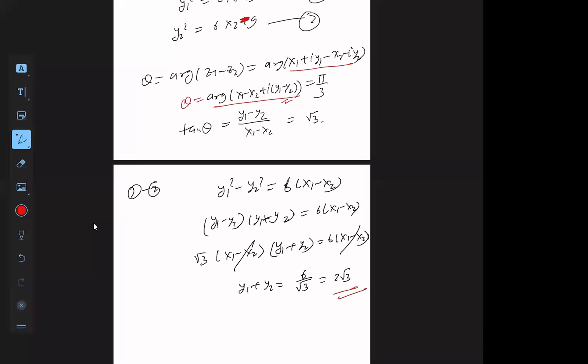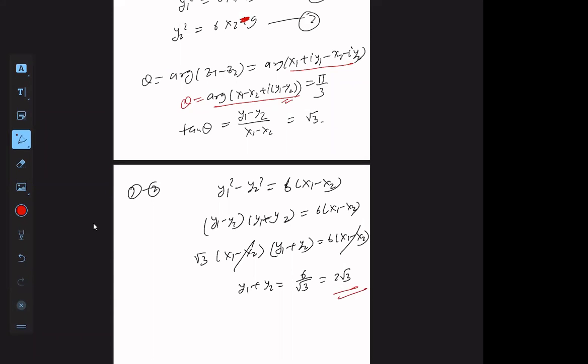There are two locus, basically there are two locus which I have not taught till now, because you will study them in 12th. One is called ellipse and another is called hyperbola. These two are important locus from the exam point of view.